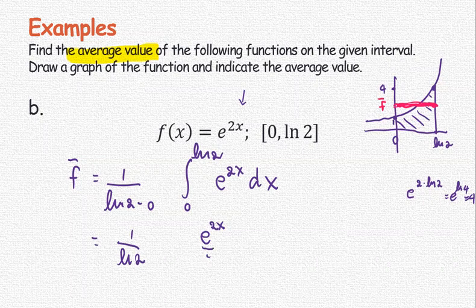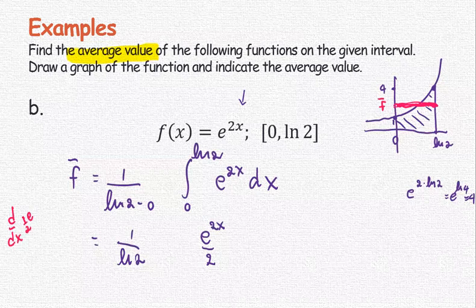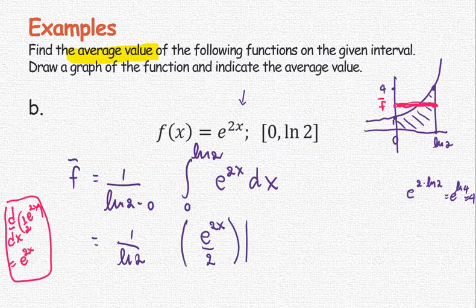So we divide by 2 because, if you are not sure, when we find the derivative of 1/2 e to the 2x using the chain rule, we will get back to e to the power 2x.